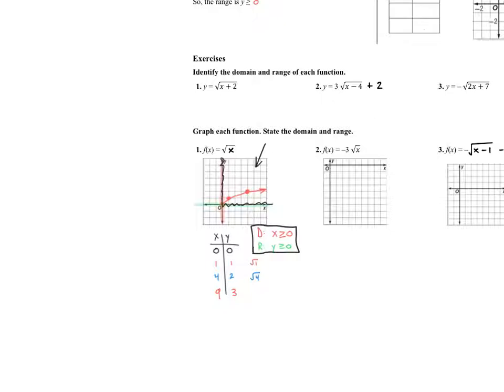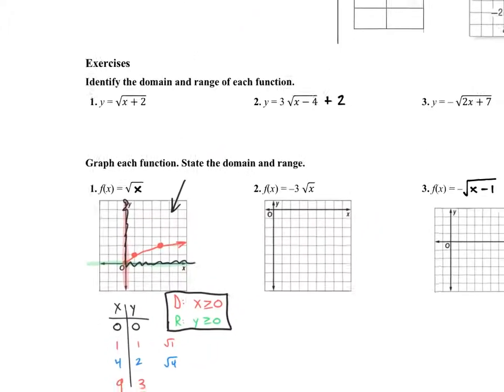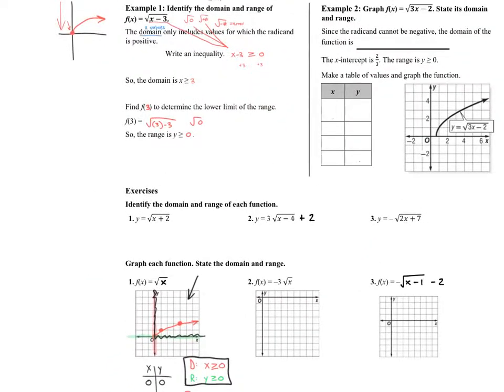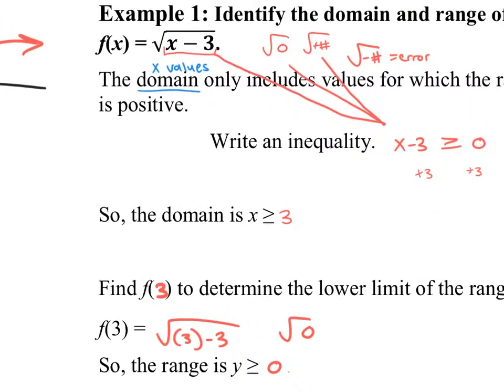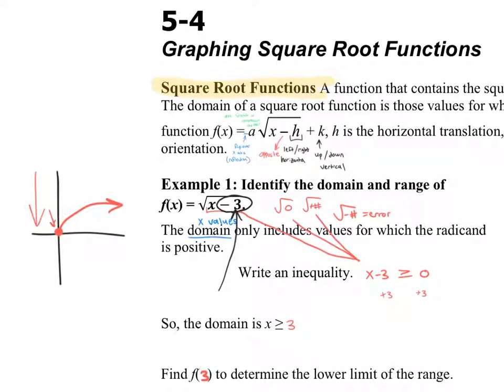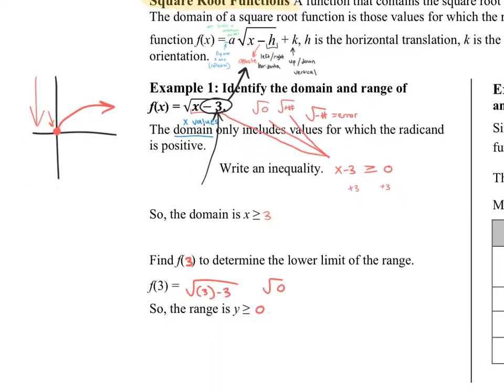Now, what you'll come to find out is that h and k values impact the domain and range. And we're going to see that on 1, 2, and 3 right there. This one here had an h value of 3. All right, you might be thinking, Mr. Cottle, but it's a negative 3. Nope. Remember, it's always the opposite of what you think.